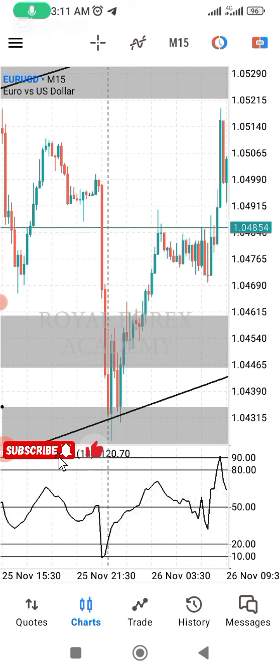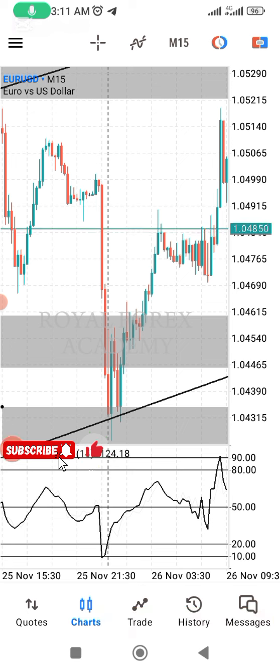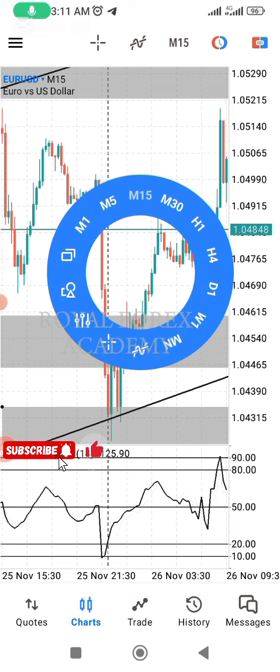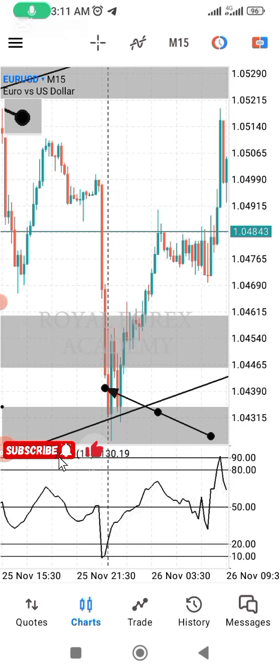And what do we want to see? We want to see a candlestick formation. And inside of this zone, you can see that we have a bullish candlestick formation. So here is our bullish engulfing candle.